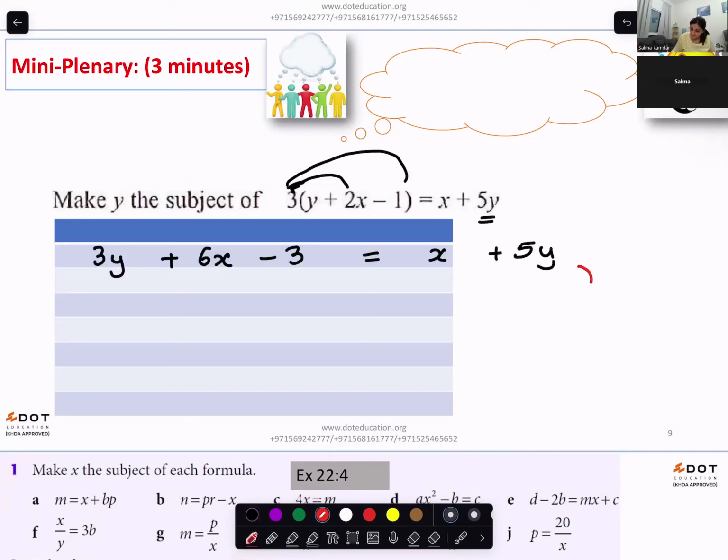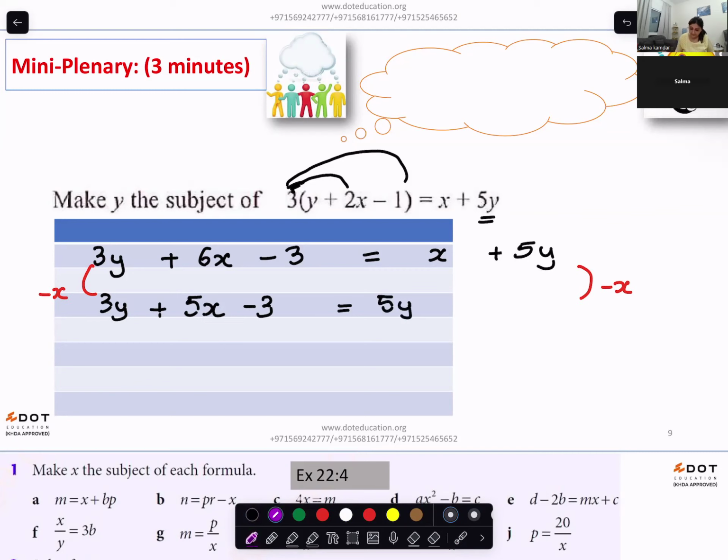First, I can remove the x, so I will do minus x on both sides. So this will become 3y, 6x minus x will become 5x minus 3 is equal to 5y.